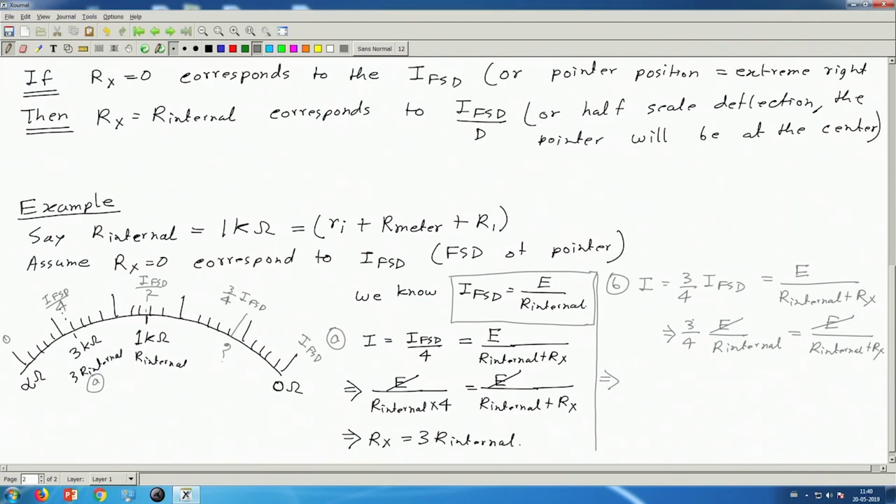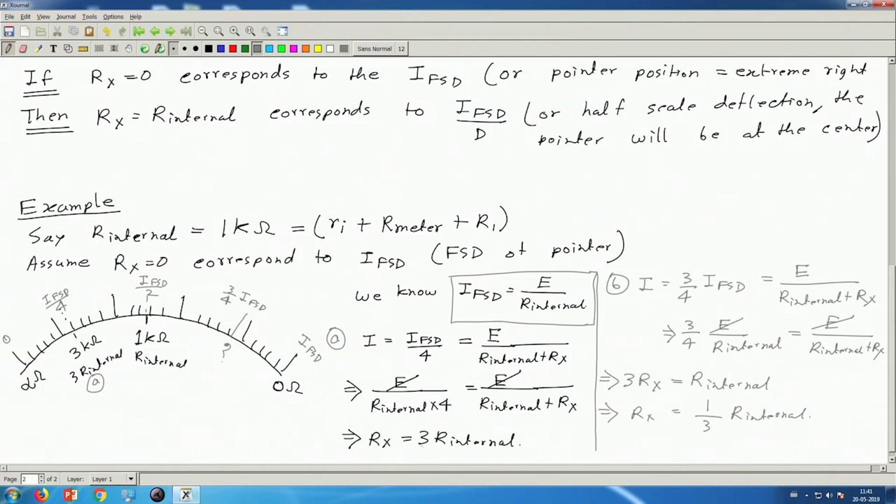Let us cross multiply 3 with this. So we will have 3 R internal plus 3 Rx on this side, and 4 R internal on the other. With a small step, 3 Rx is equal to 4 R internal minus 3 R internal, which will be R internal, implying Rx is equal to 1/3 of R internal.